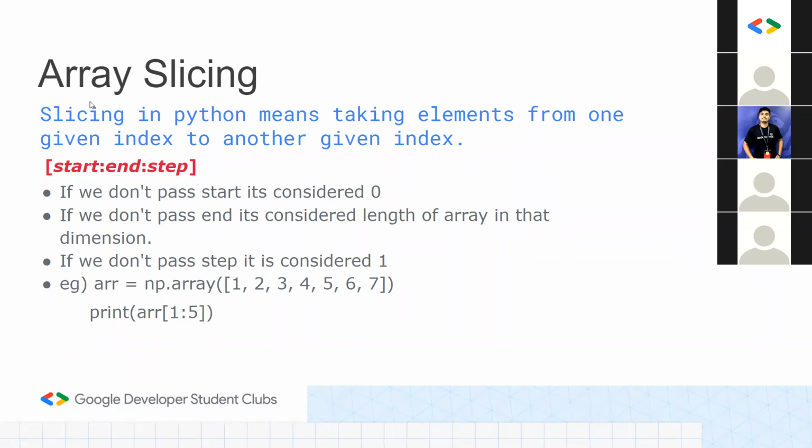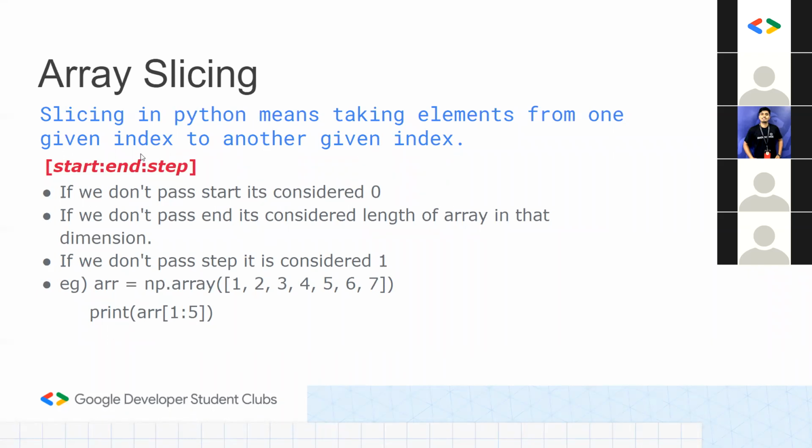When we do this procedure, if we don't pass the start, it is always taken as the 0 index, and if we don't pass in a value for end, it automatically takes the length of the array in that dimension.